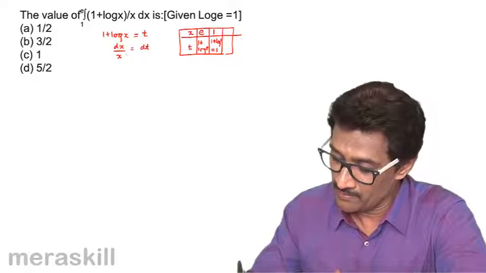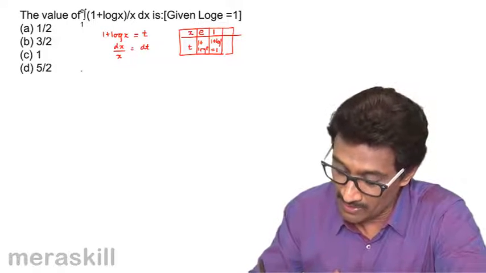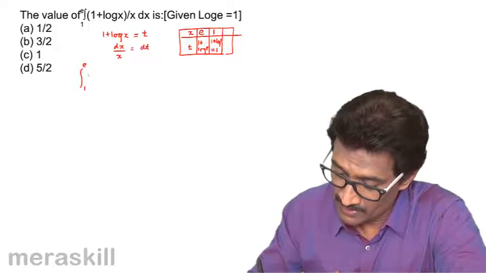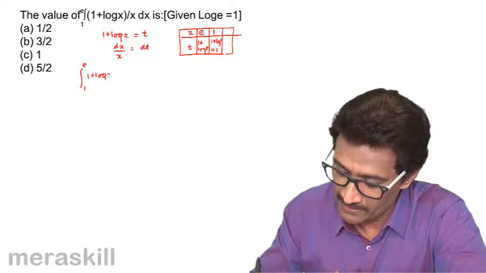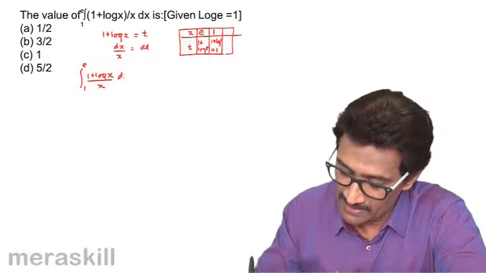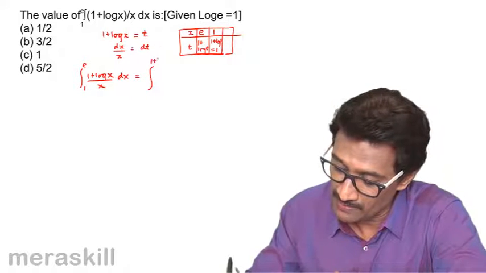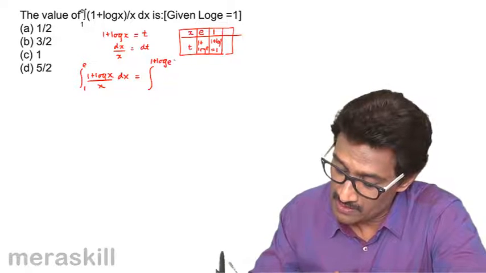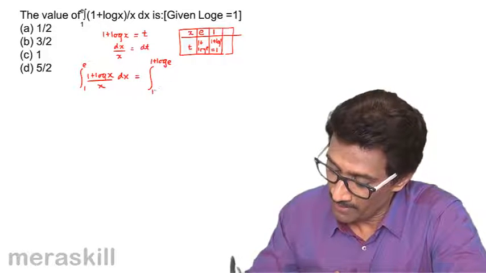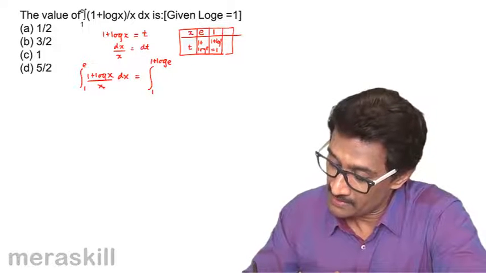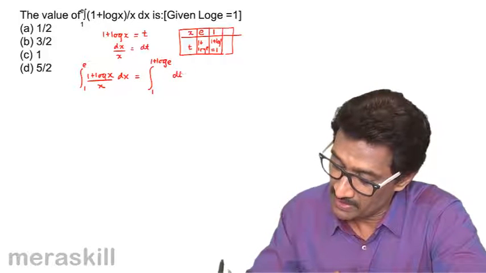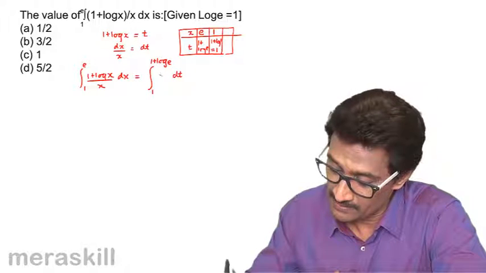So eventually this whole thing, e to 1, 1 plus log x upon x dx, will turn out to be, instead of e, you're putting 1 plus log e to 1, and dx upon x is nothing but dt, and 1 plus log x is t dt.